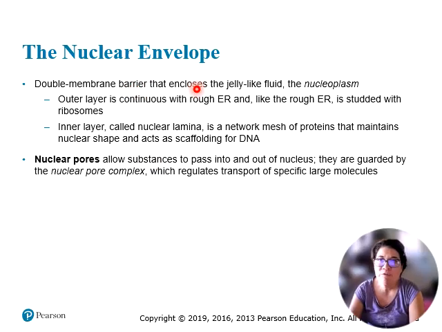So you have a double membrane. You also have a jelly-like fluid, like a cytoplasm, but it's nucleoplasm. And the outer layer is right up against the rough ER so that the mRNA can come right out and code for a protein. And then you have an inner layer too. And then you have those little orange holes, those little pores, and that's where the mRNA can get through.